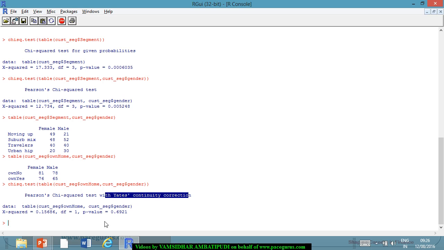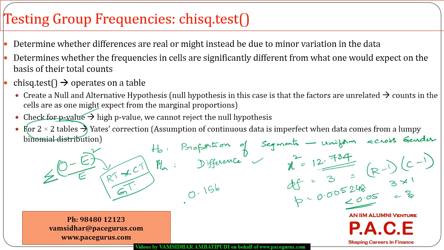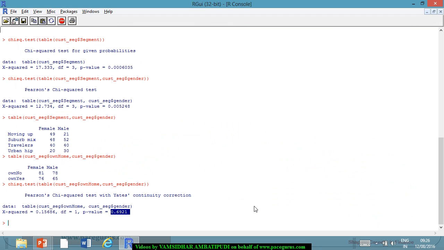Whereas the p-value is 0.6921, which is greater than 0.05. So I cannot go with the alternate hypothesis; I cannot reject the null hypothesis. The only thing I can say is that there is no significant difference in home ownership across males and females.